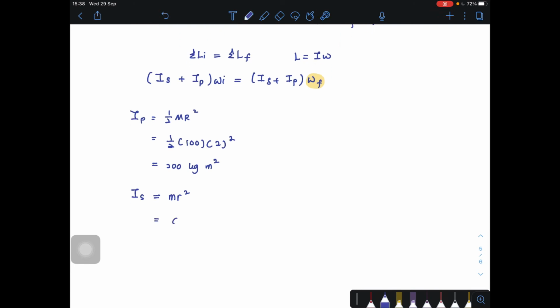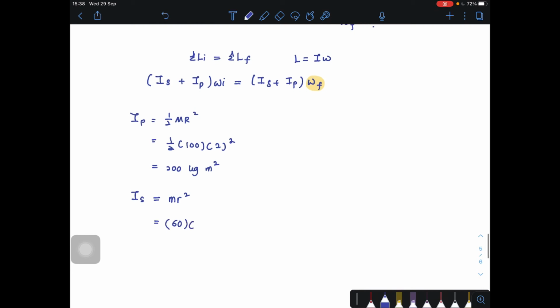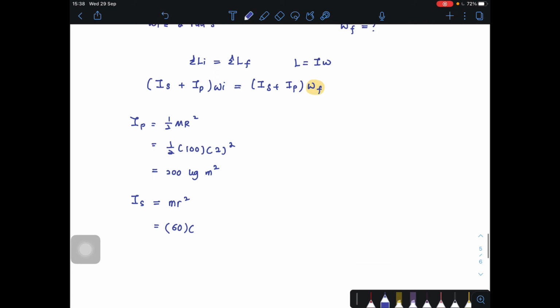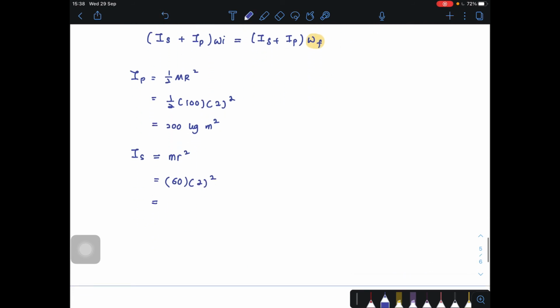So mass of the student adalah 60. Okay, radius dia initially dia berada dekat hujung lah. So dia punya radius is 2 meter. And then you will get it is equal to 240 kg meter square. So this one adalah initial.